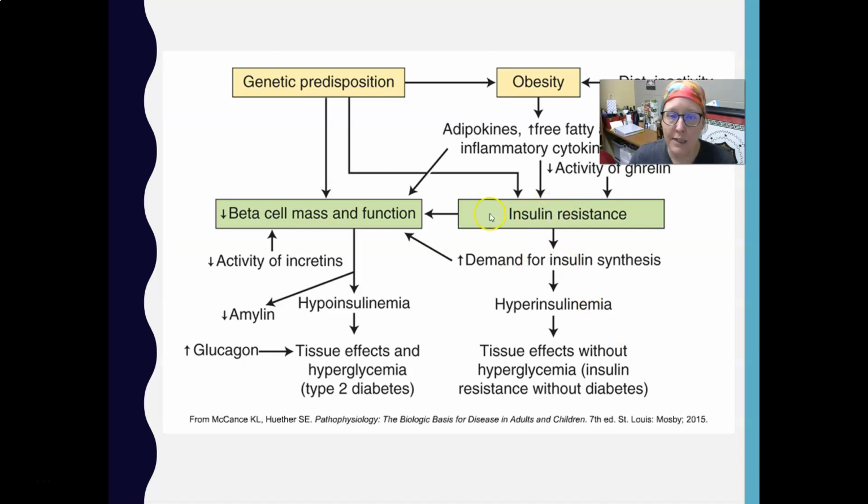But this can progress to a lack of beta cell mass and beta cell function, and then you have decreased insulin production, and now you start getting tissue effects and the hyperglycemia of type 2 diabetes, the high sugar and the damage of the eyes and the nerve tissue and all of that. You also have increased glucagon because you don't have enough insulin.